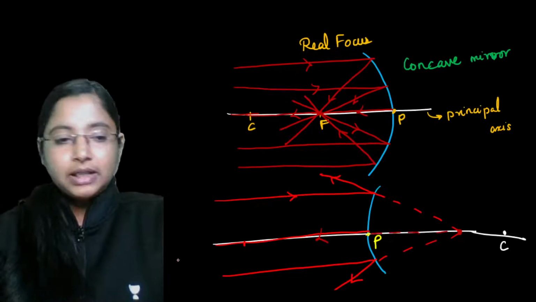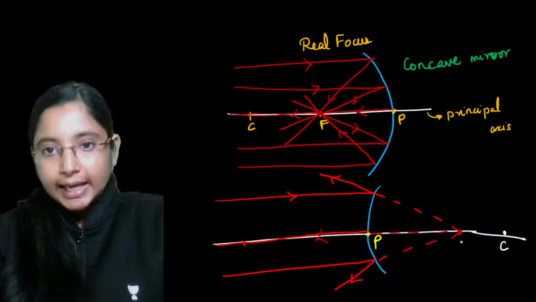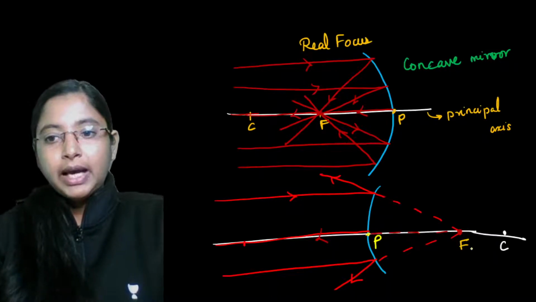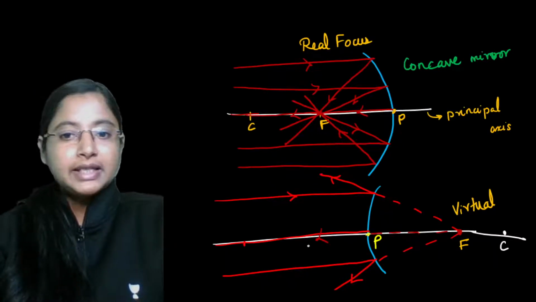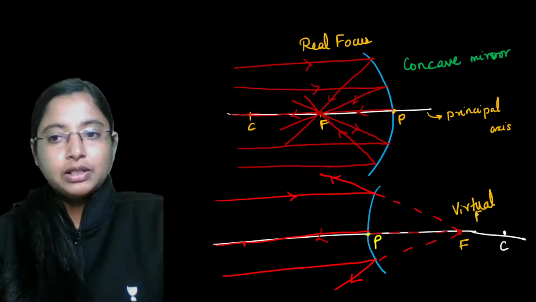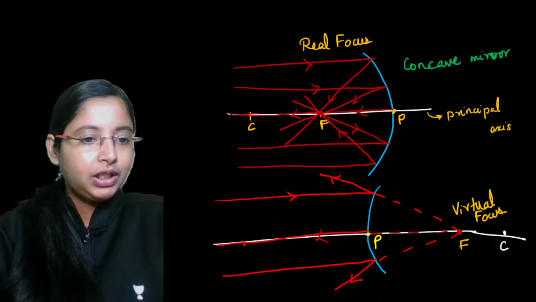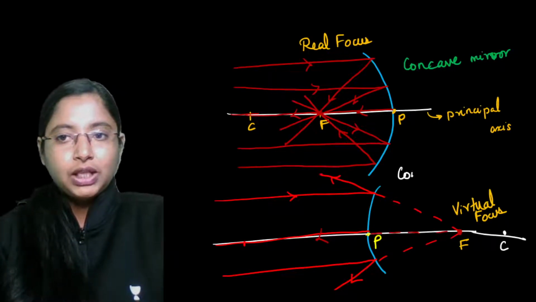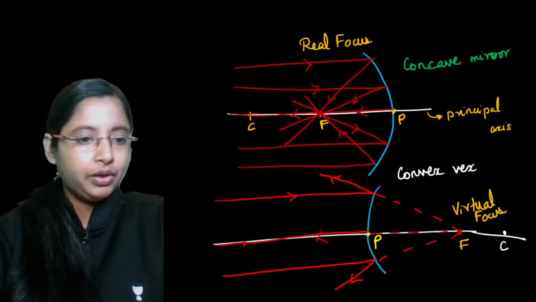This point where all the rays appear to converge is again called the focal point, and in this case the focal point is a virtual focus. Why? Because the rays are diverging and we are extending them to meet at a point. So a convex mirror has a virtual focus.